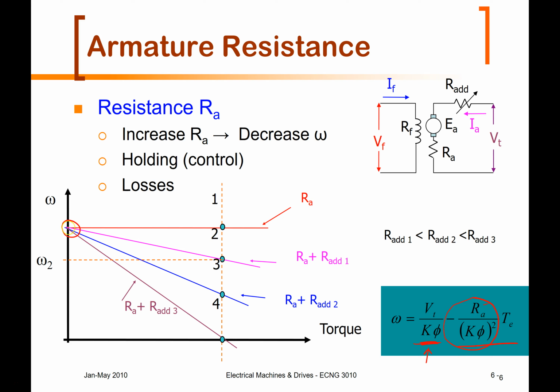It is just the slope. So if we look at a set of motors with different armature resistances, we will see that the starting torque is always the same, but we're going to get different slopes as we increase the resistance. So as we increase the resistance, the speed is going to drop off faster with increases in torque, and that of course is going to bring with it more losses because you have more resistance in the system. So that is one method.